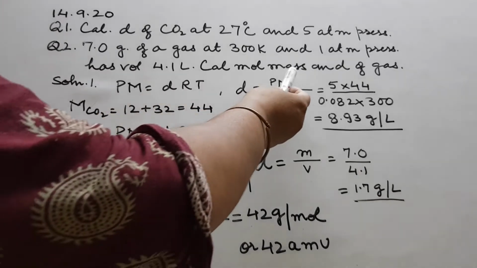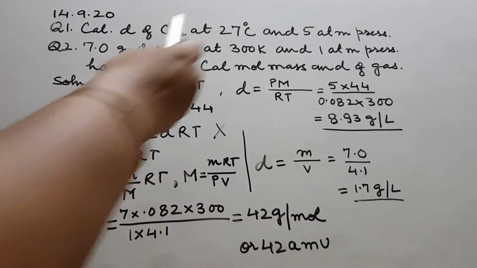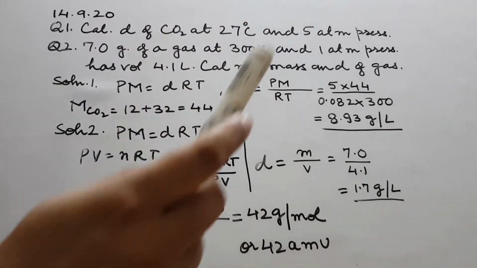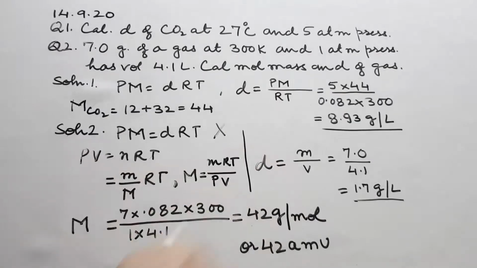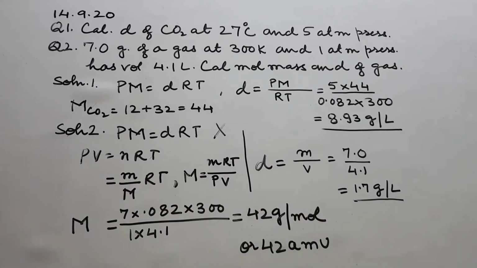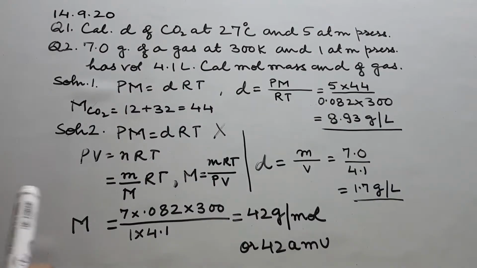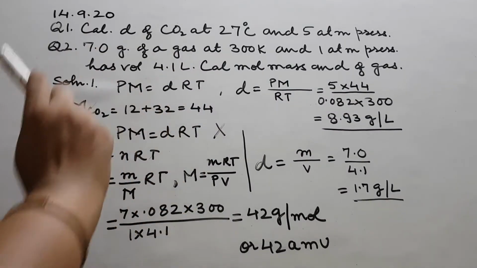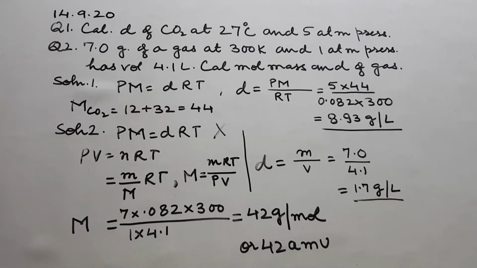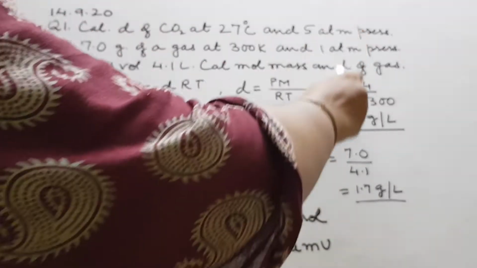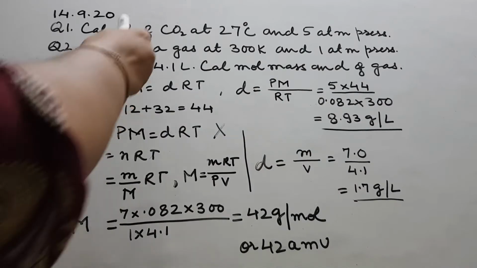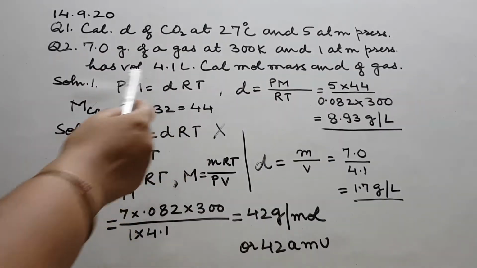So D is equal to PM upon RT. Pressure is given, and I told you everywhere P has to be in atm. Say by chance in future, next time you find a question, it was 740 mmHg. Can you put that value here, 740? No, because I told you in this equation, P is in atm. So P is 5 atm, given to you, and M is 44, which we just calculated.